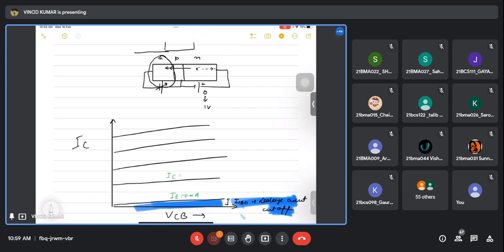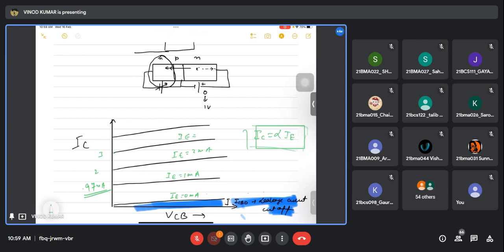When IE becomes 1 milliampere, this IC is also about 1 milliampere, because IC is nothing but alpha times IE. So you can say 0.97 milliampere. If this is 2, it will be approximately 2. If this is 3, it will be 3.